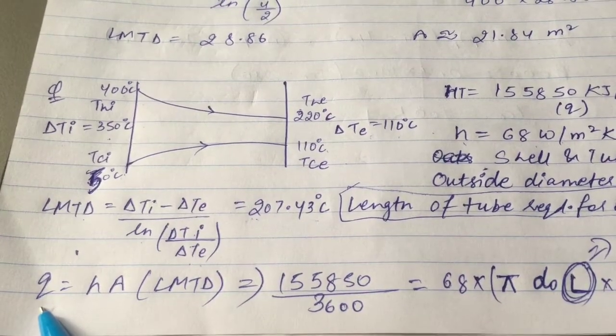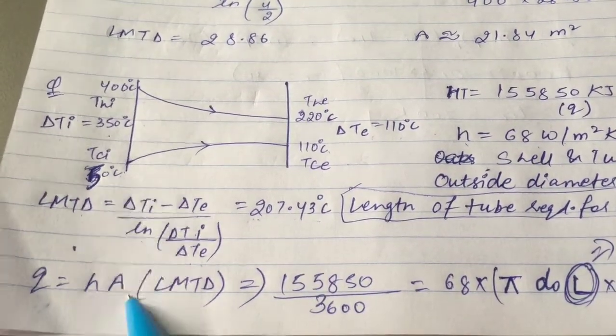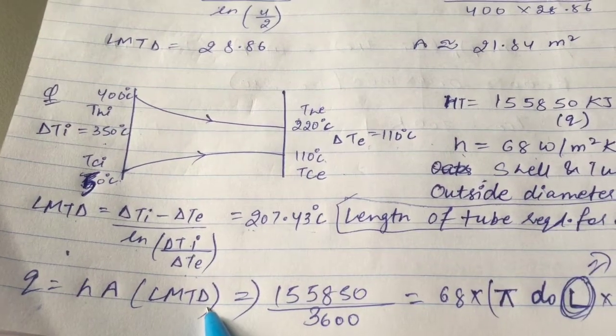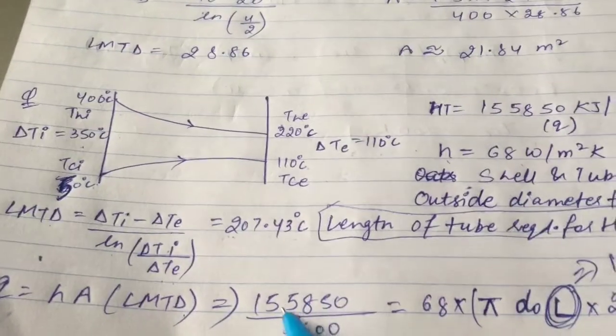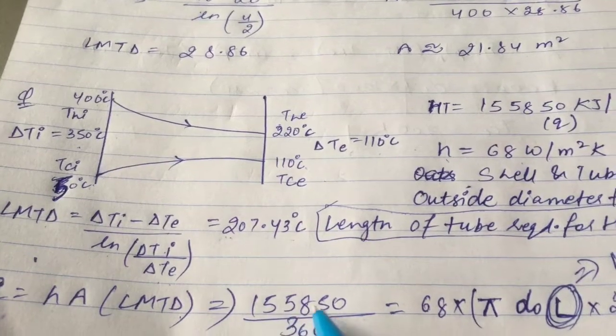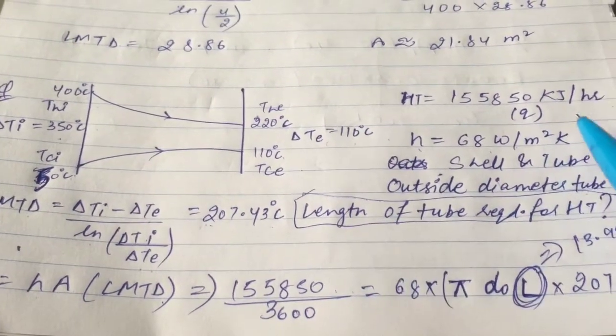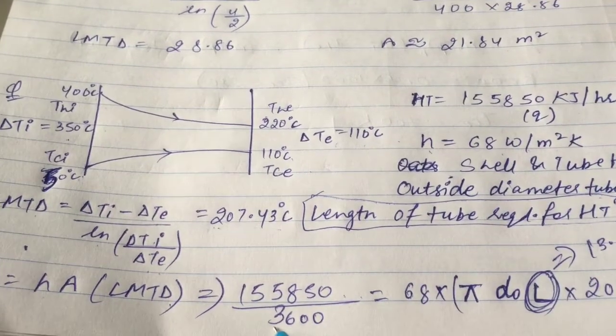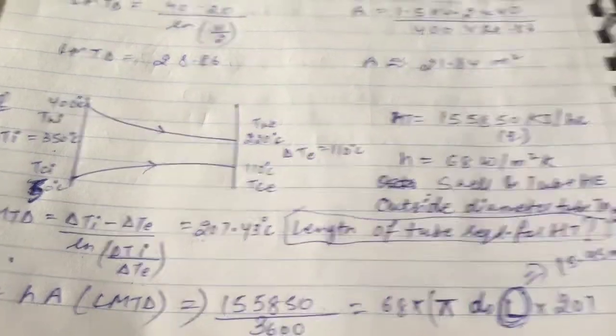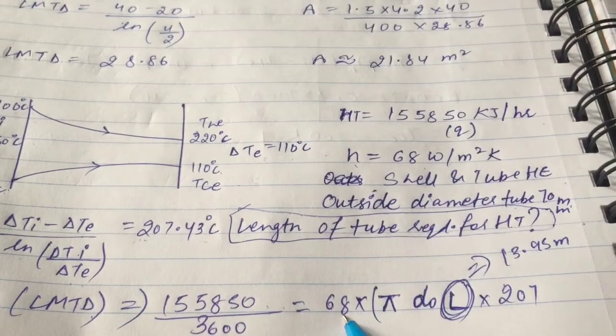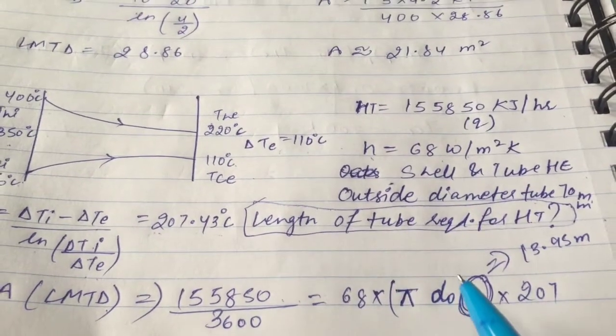Then Q is given as H A LMTD. Q we know is 155,850, given to us in kilojoule per hour. To convert it into per second, divide by 3600, which is equal to H given to us as 68 into area.